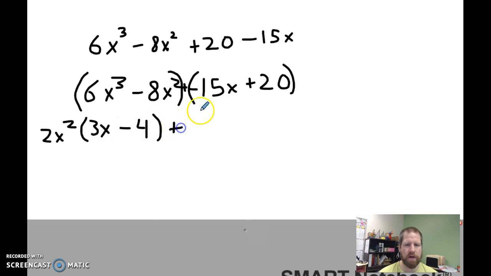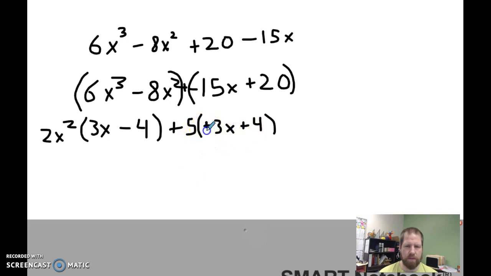And over here in this one, looks like just 5 as my common factor. So 5, and then I have a negative 3x plus 4. And once again, you can see I've got my binomials, but the signs are switched. So I've got to pull out a negative. I'm going to do it on this one again.